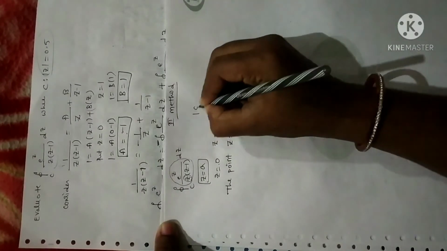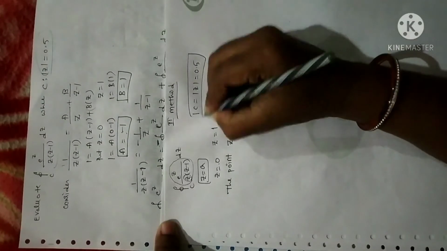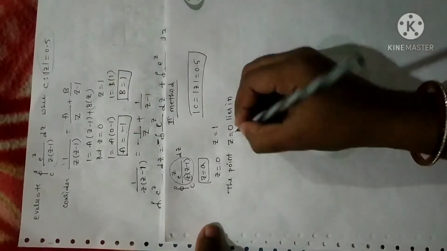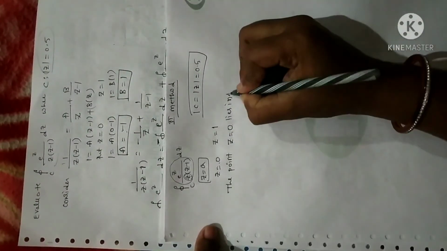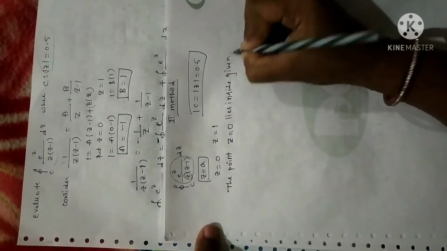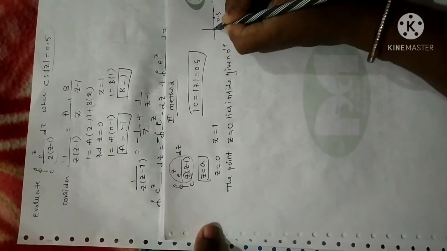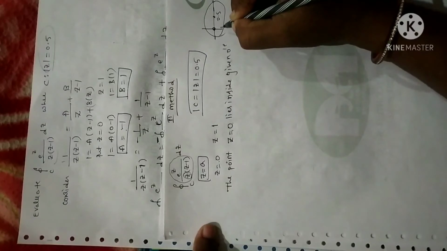The given circle equation is c: mod z is equal to 0.5. So the given circle has radius 0.5, and z is equal to 0 lies inside this given circle. Why? Because 0.5 lies here, 0 lies here. So it is definitely inside the given circle.